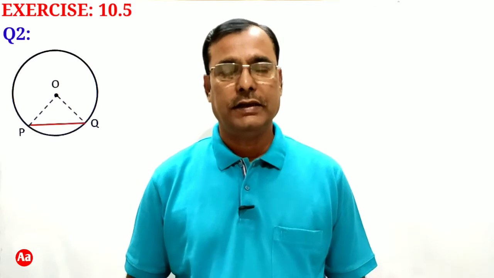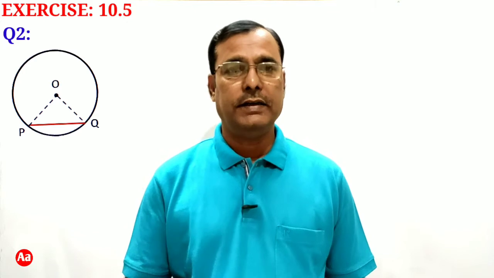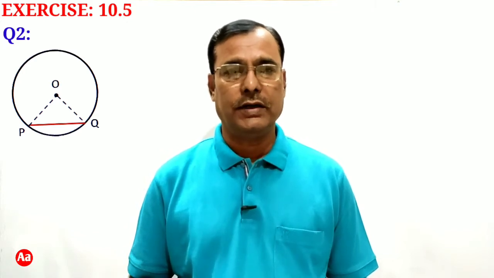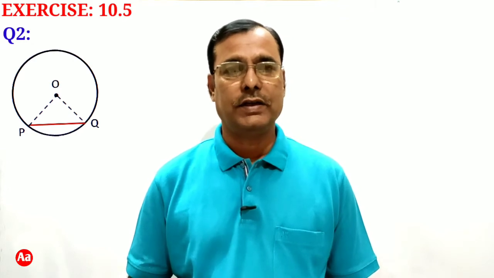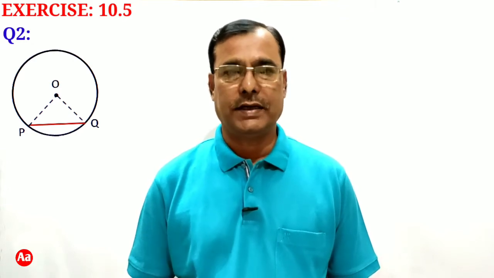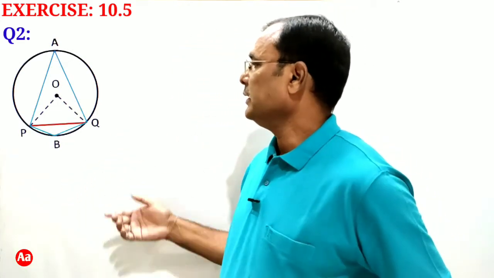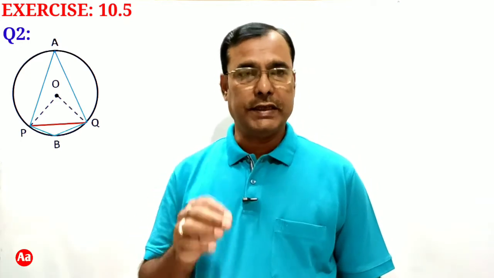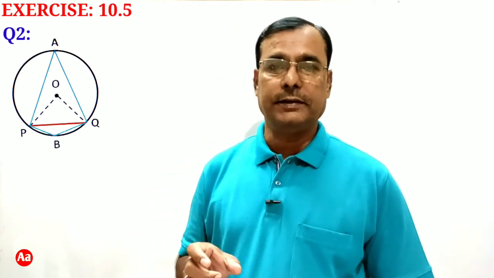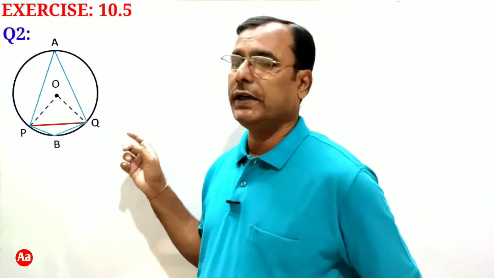Question number 2. A chord of a circle is equal to the radius of the circle. Find the angle subtended by the chord at a point on the minor arc and also at a point on the major arc. Here in this figure, PQ is a chord of the circle whose center is O and the length of the chord PQ is equal to the radius of the circle.